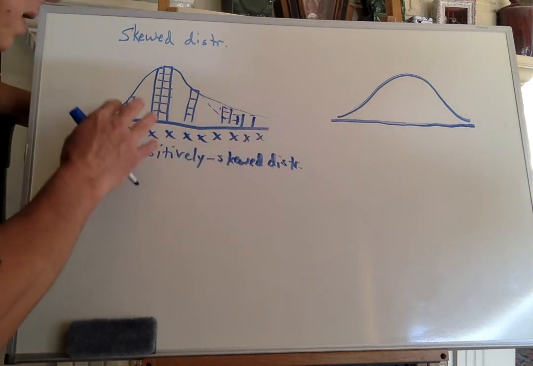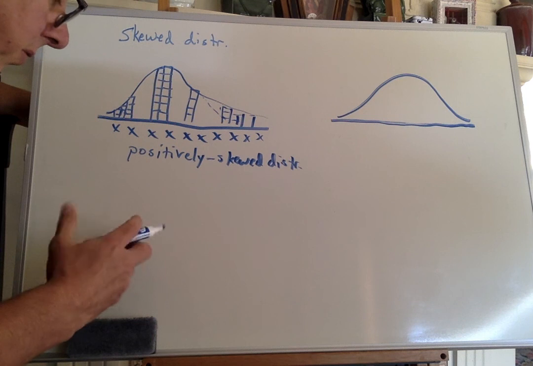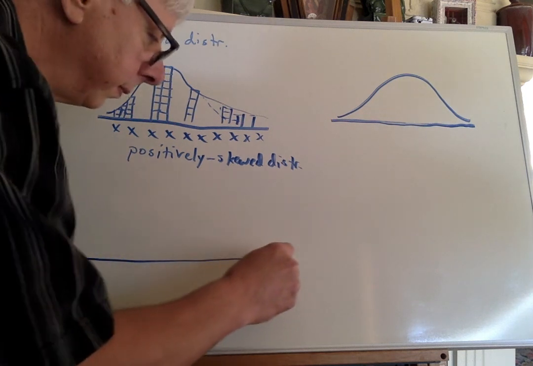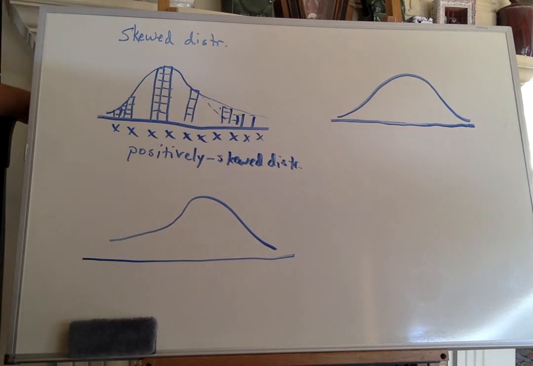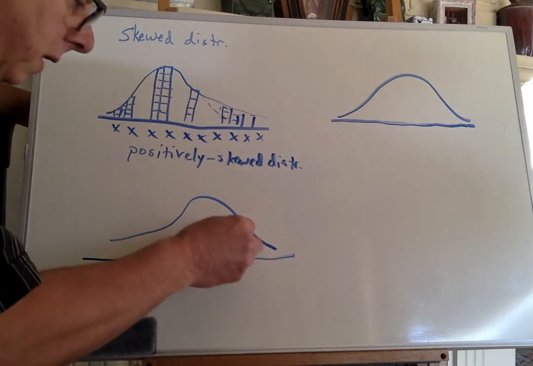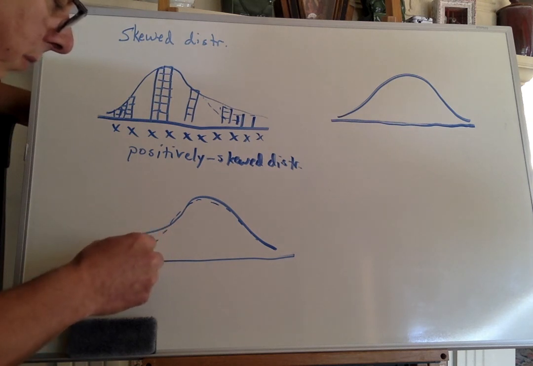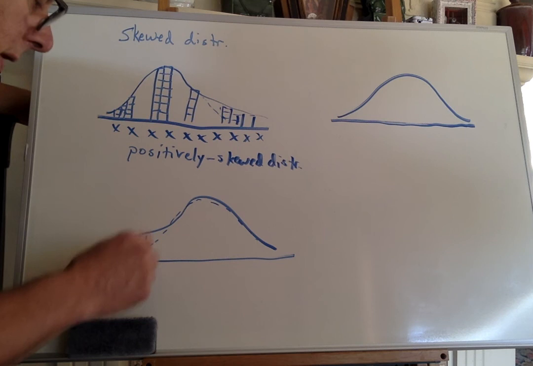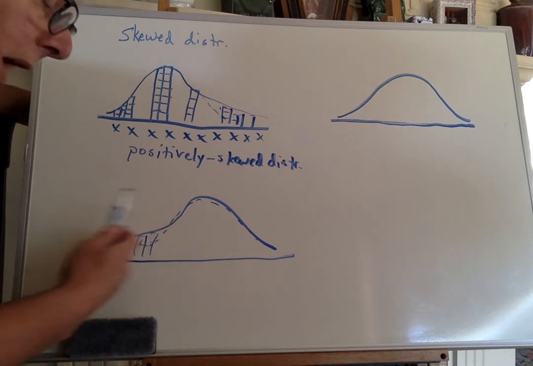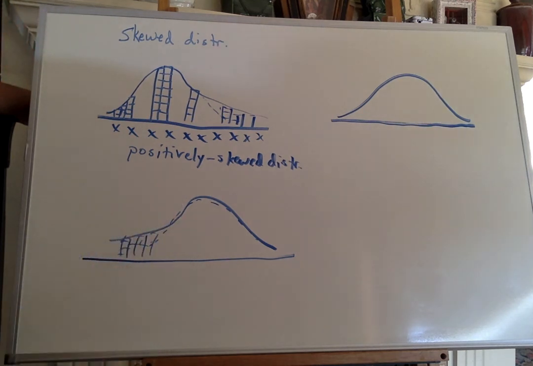Because we want to distinguish this kind of a skewed distribution from this kind of a skewed distribution, okay? Where it sort of looks like we have something that looks normal, but then we have extra blocks out here. There's a few more people on the low end of the continuum.